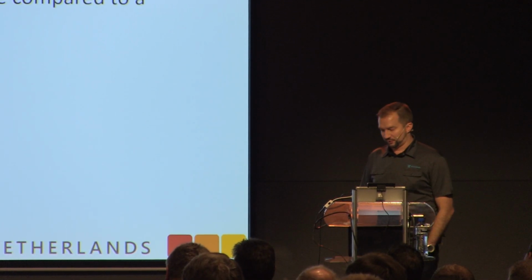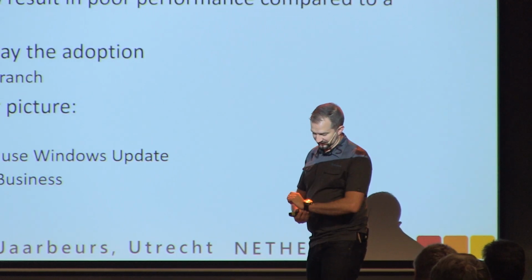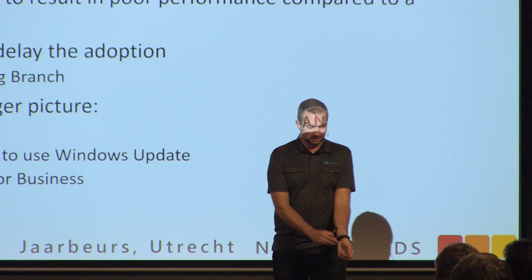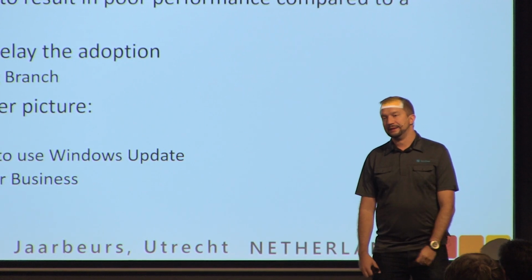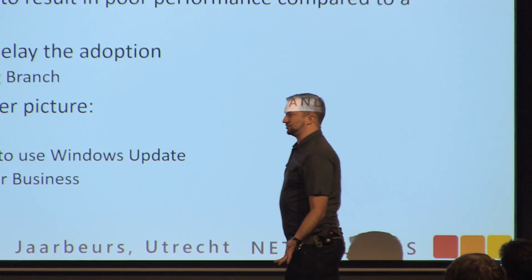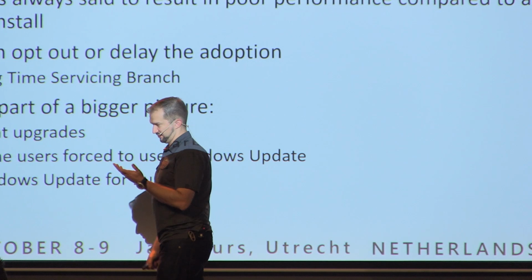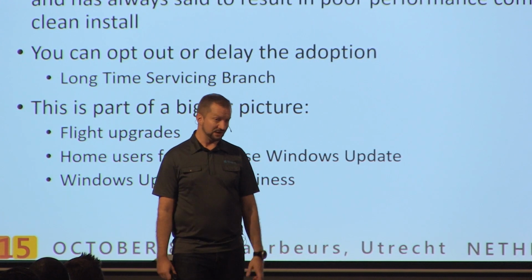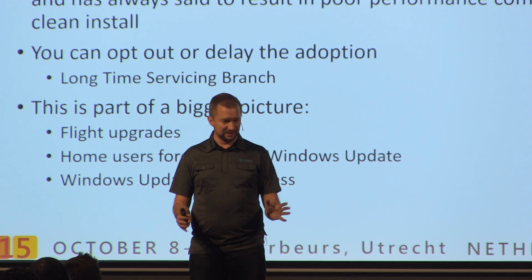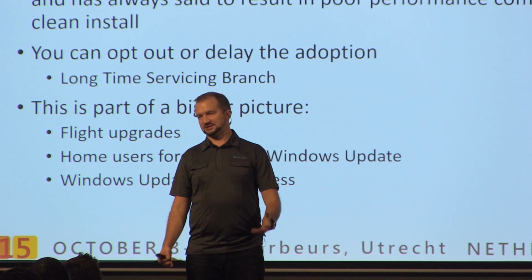What really changes for Windows is the in-place upgrade method. Microsoft has dramatically changed its opinion on this, because before, Microsoft always said that it's better to do a clean install of Windows because it's more performant and better in every way. Now they've changed. The recommended installation method for enterprises is in-place upgrade.